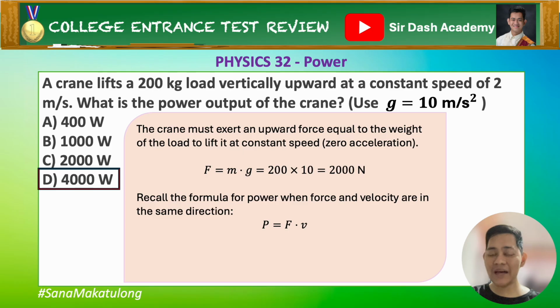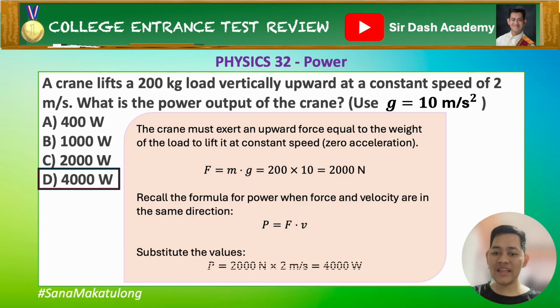Yung work ay force times displacement. So, Fd over t. Yung d over t ay v. Tama? So, F times v. Pwede mong i-review na lang yung derivation. So, we will use this formula. Hence, pag plug in natin or substitute, that is 2,000 newtons times yung v na 2 meters per second. So, the answer is 4,000 watts.